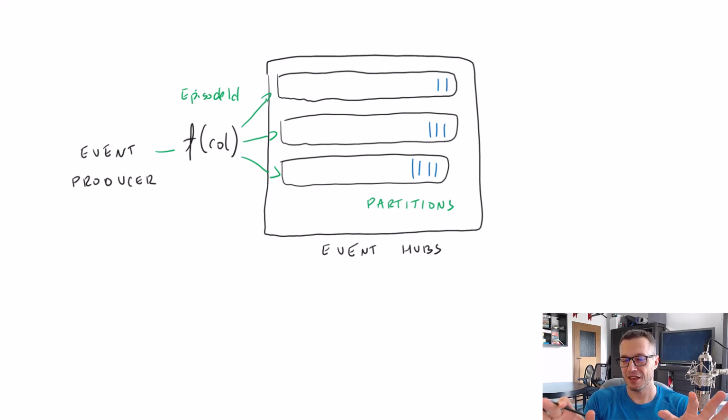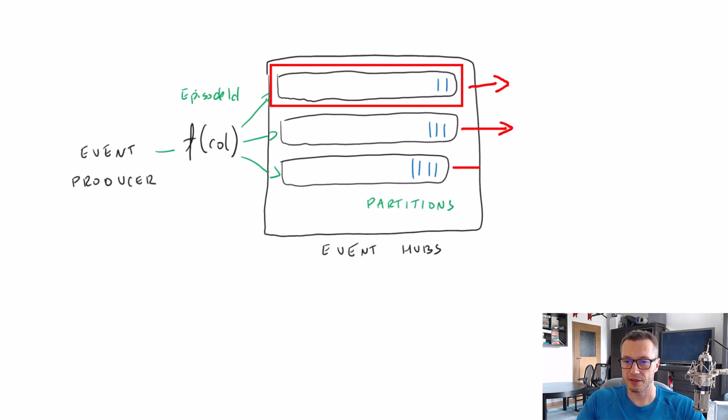Now, if we know that all of the data that we need to calculate averages is stored on a single partition, then maybe this work could be parallelized. So instead of a single query that runs on the whole event stream, we could have multiple queries. And yes, that's what we do.